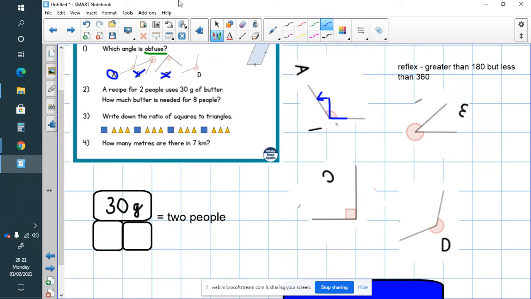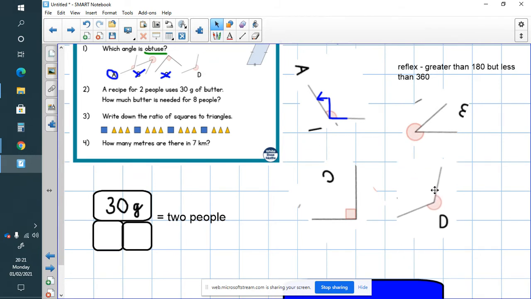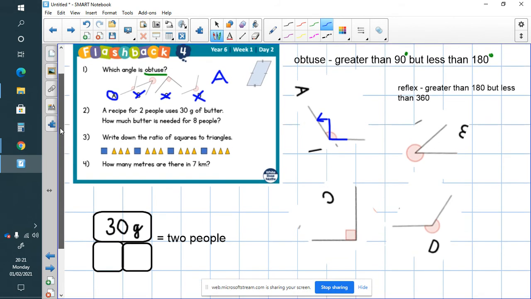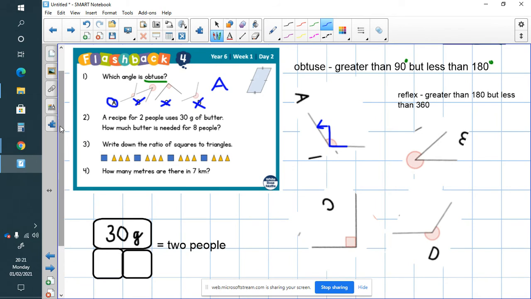Let's have a look at angle D. What do you know about this angle? Well done, everybody. It's another reflex angle. So therefore, it is not an obtuse angle. So hopefully then we are in agreement that angle A is the obtuse angle. It is greater than 90 degrees, but less than 180 degrees.